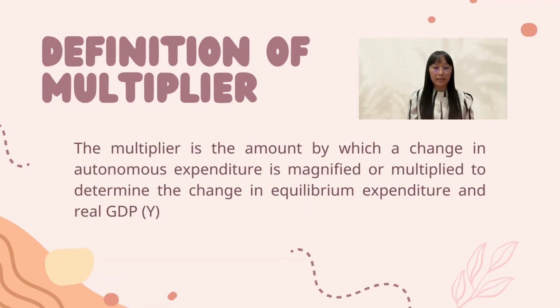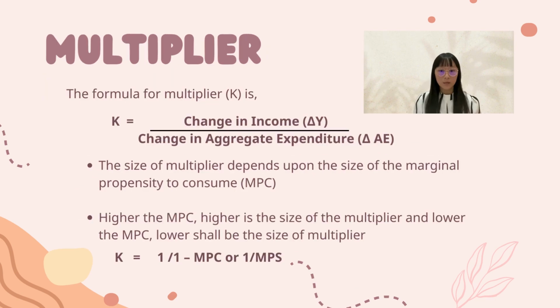Definition of multiplier. The multiplier is the amount by which a change in autonomous expenditure is magnified or multiplied to determine the change in equilibrium expenditure and real GDP. The formula for multiplier is change in income divided by change in aggregate expenditure.